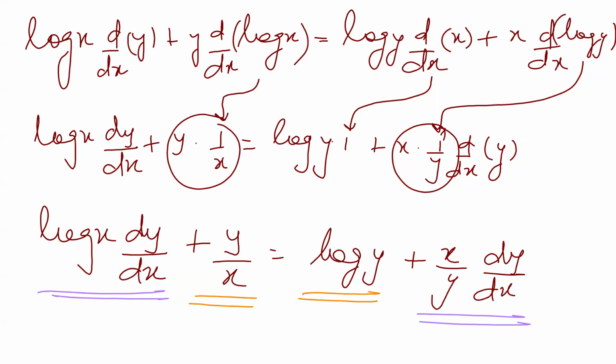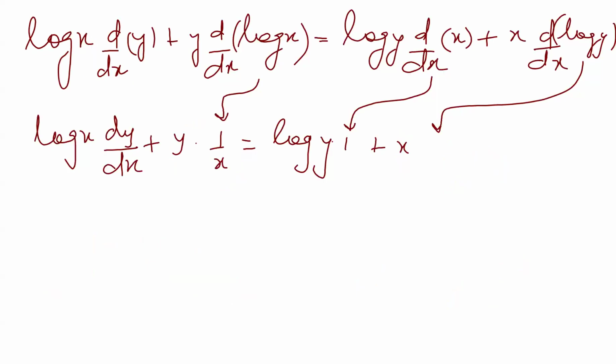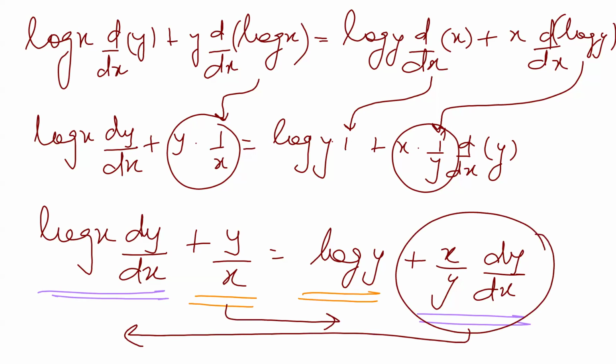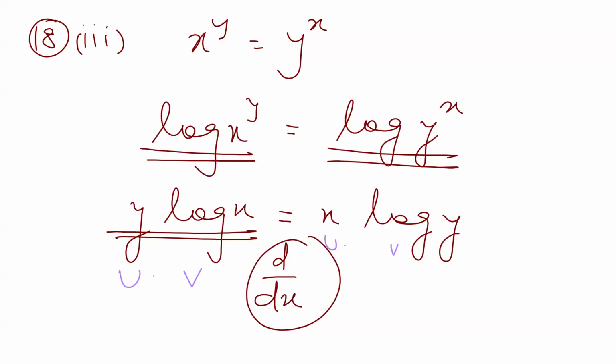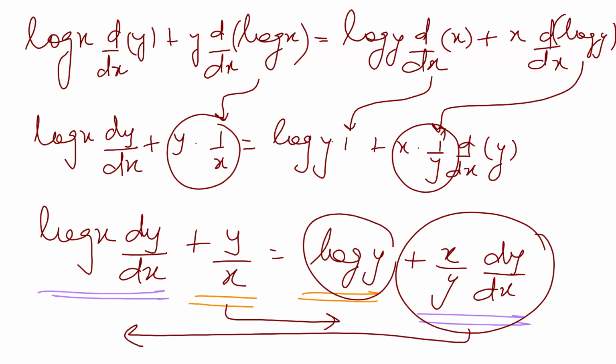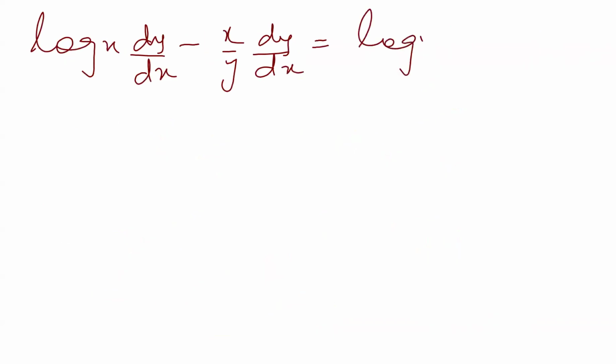So this term I'll shift to the left hand side, and this term to the right hand side. Take dy by dx terms together: log x dy by dx minus x upon y dy by dx equal to log y minus y upon x.